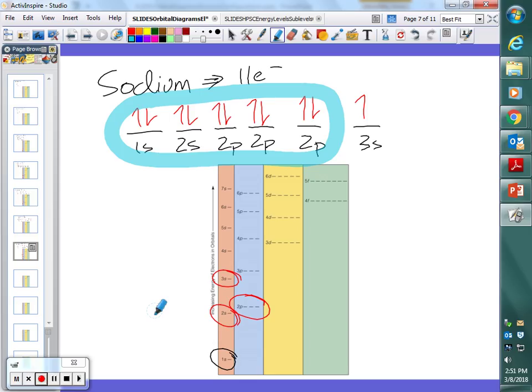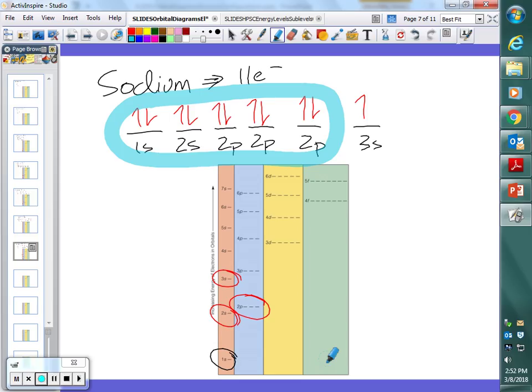If we dropped this 3s, this would be the orbital diagram of neon. Neon has all of the 1s level full, all of the 2s level full, and all of the 2p level full. If you look on the periodic table, you will see that neon is in the far right-hand column.